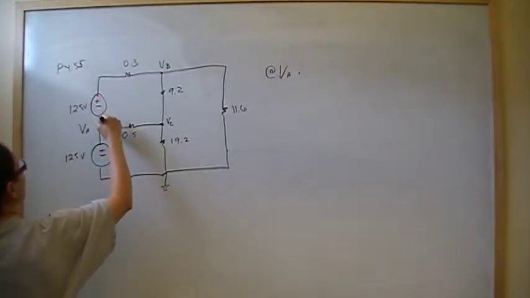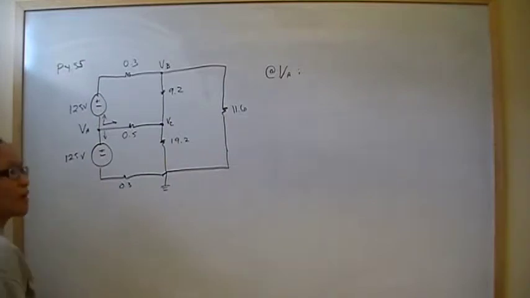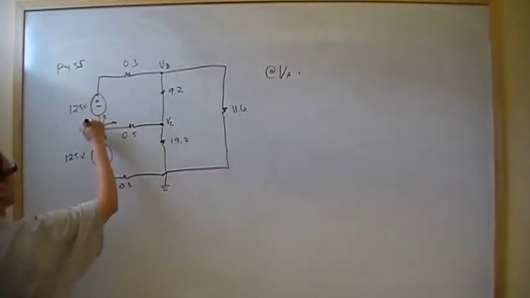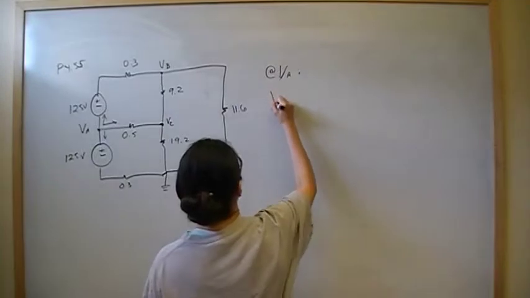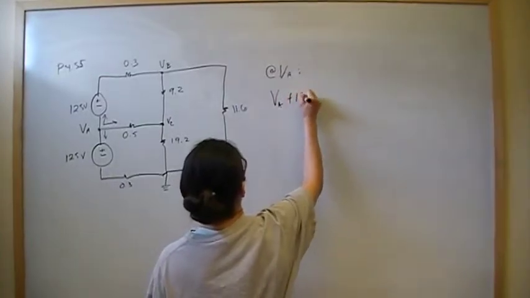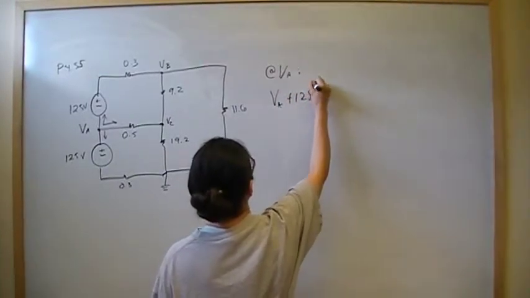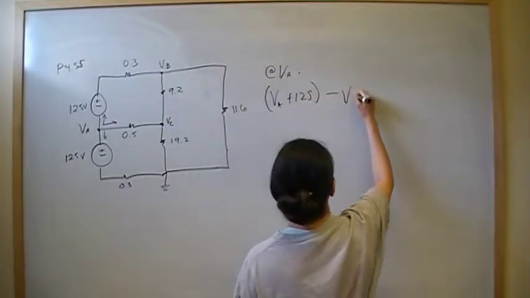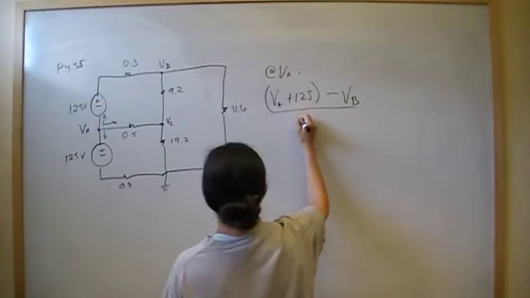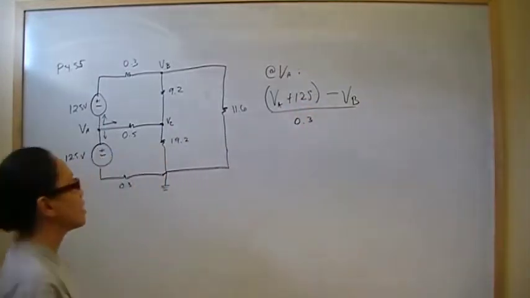So this current is going through a voltage rise. Therefore, the total voltage here is going to be VA plus 125. So VA plus 125 is on the one side of the voltage, minus VB, divided by 0.3. That's current number 1.